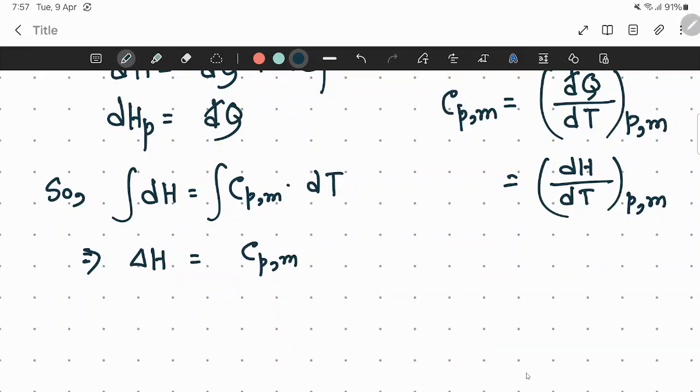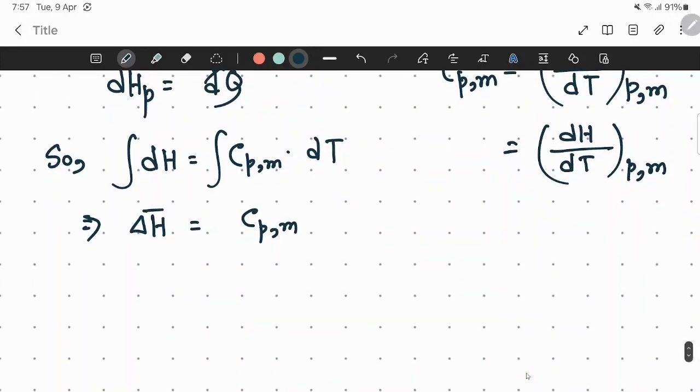You are integrating in terms of temperature, but mole is there already. So this H is still H bar, for 1 mole.